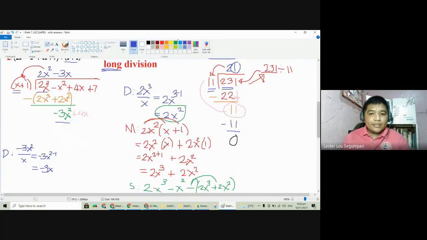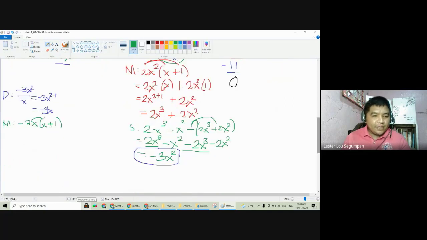Next is the operation for multiplication. Multiply the second quotient, negative 3x, with the divisor, x plus 1. Use the distributive property and you will get negative 3x times x plus, use plus separator as always, negative 3 times 1.